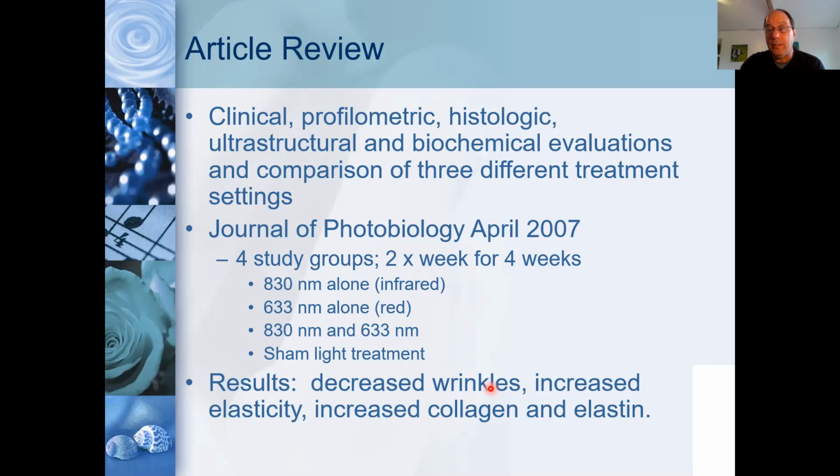So we see wrinkles as a result of the breakdown of collagen and elastin. Let's sum that up. When you use red and infrared at exactly these wavelengths, that light is penetrating through the epidermis all the way down to the dermis, and it's causing changes in the dermal tissue, which is going to strengthen and enhance that dermal tissue.